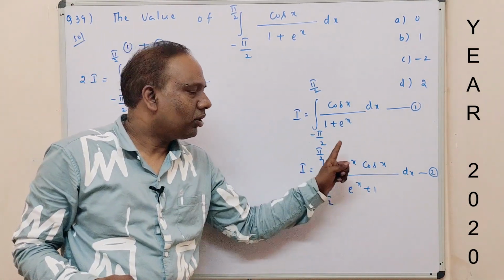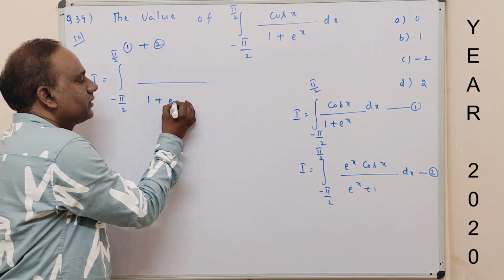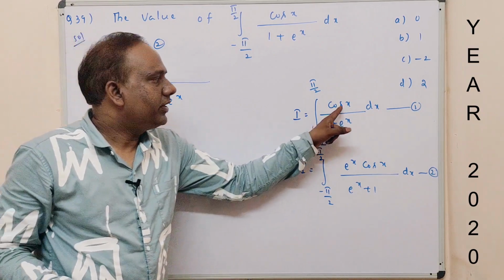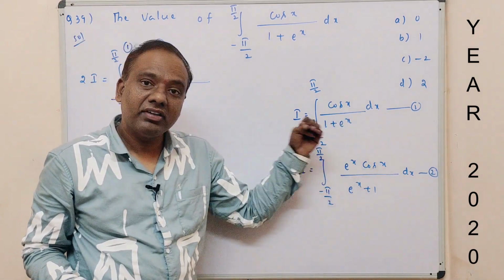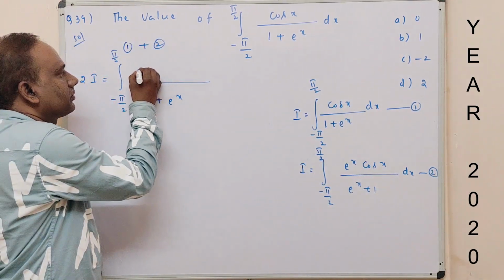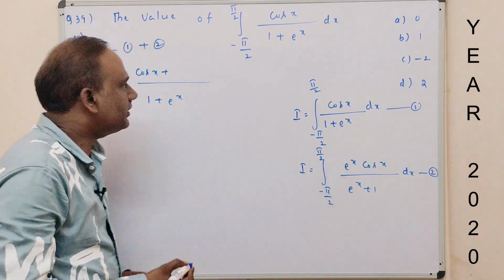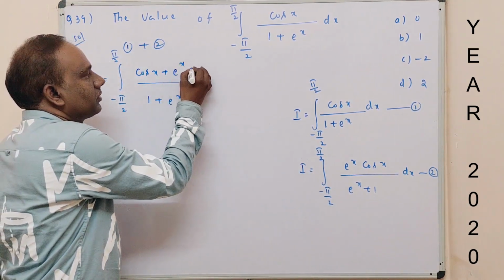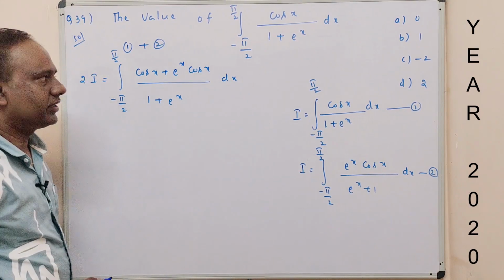So the denominator is the same, and we can add the numerators directly. So it is cos x plus e power x into cos x.